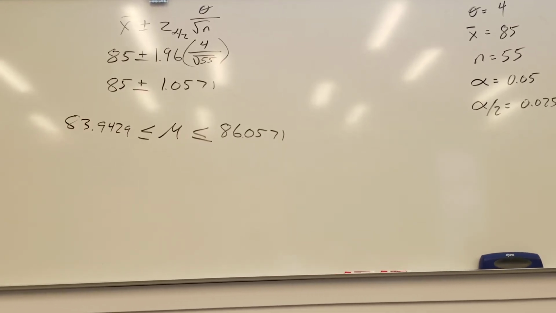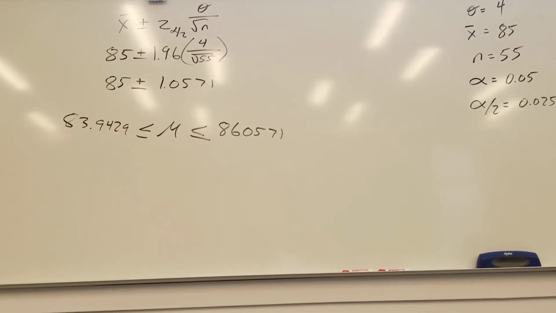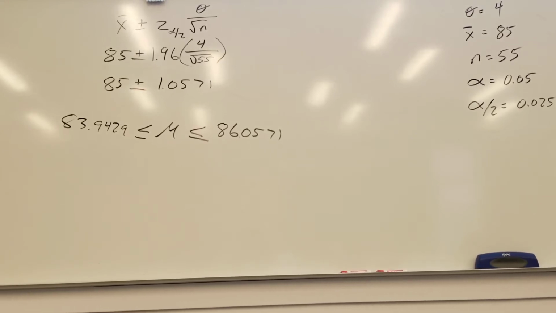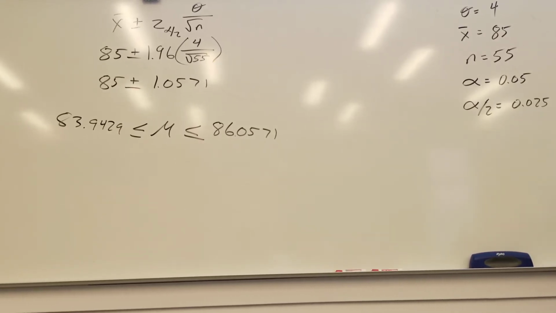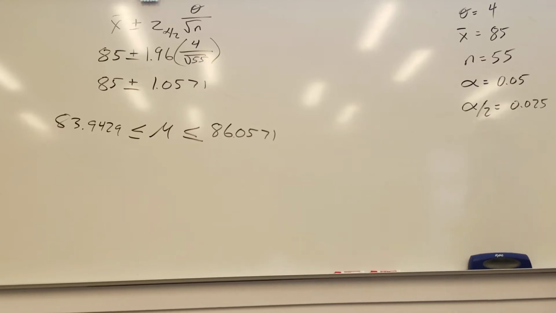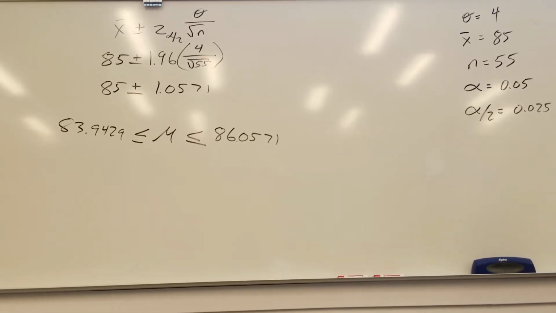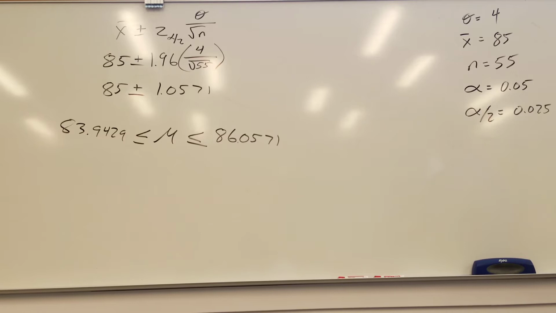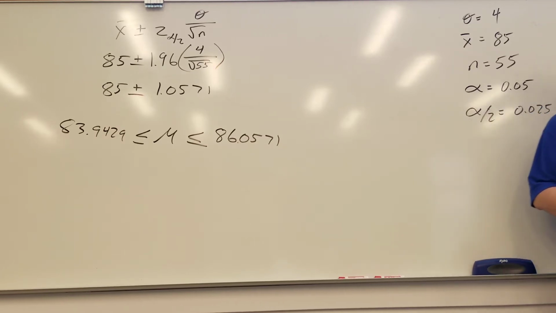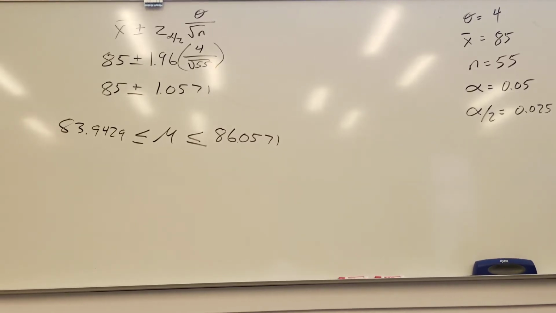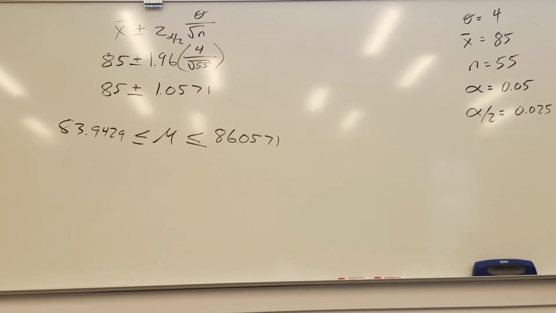So, if we're looking up the z-score for 90% confidence, what's our alpha? 10%, right? 0.1. So alpha divided by 2, 0.05. And when we look up 0.05 in our z table, what do we find?